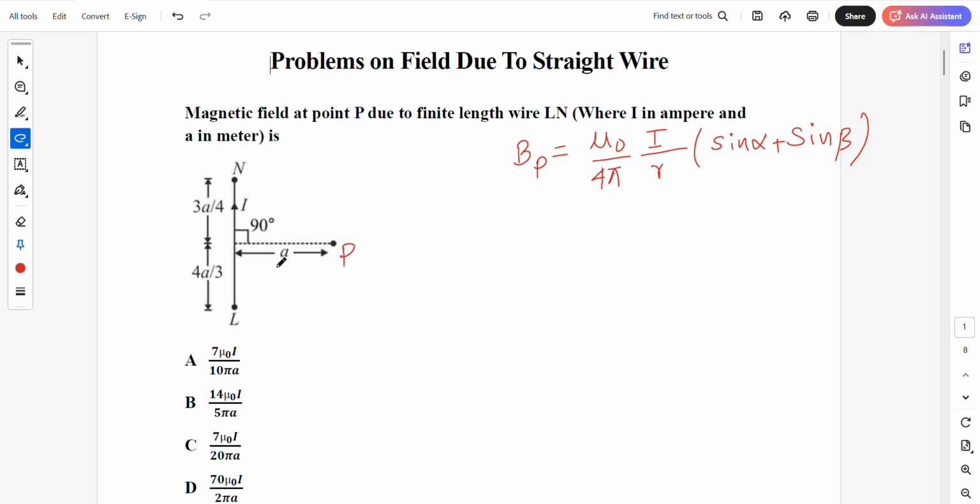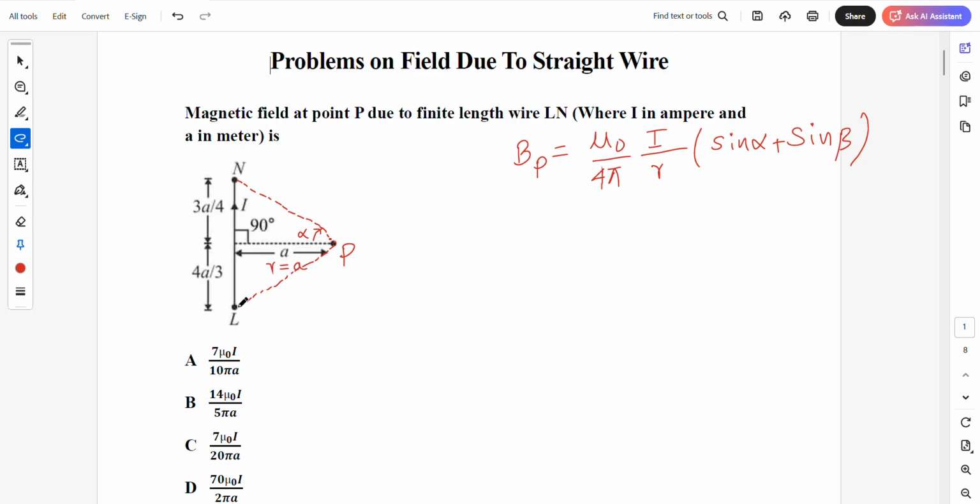Now in place of R, what is given? A is given. Okay, R is equal to A here, right? What is alpha? Join these 2 points, this is alpha. What about these 2 points?